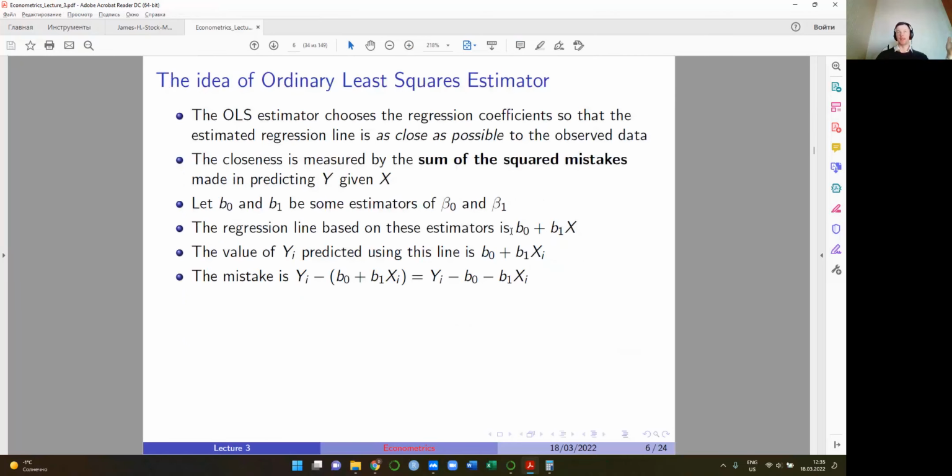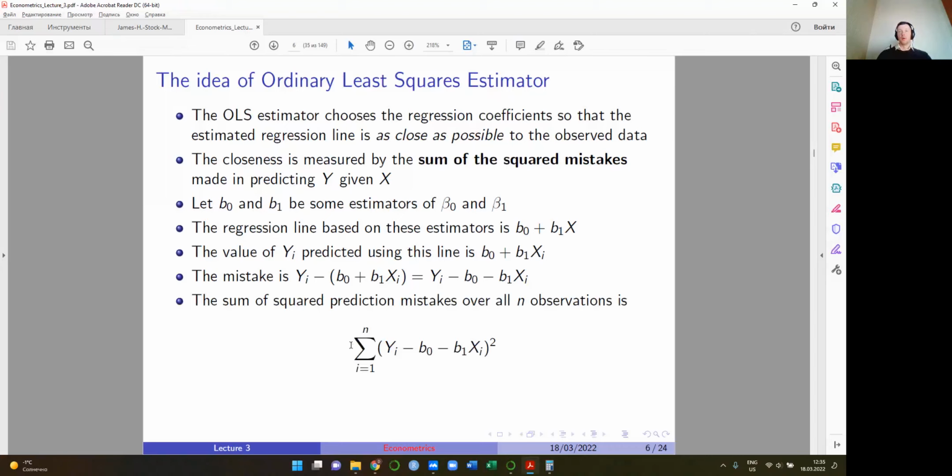So the mistake is calculated as the actual value of y minus what we can predict, what lies on this straight line, the distance between these two. Or we can open these brackets and we will get this. This is going to be the mistake. Now, what is our task? Well, we calculate the sum of squared mistakes.